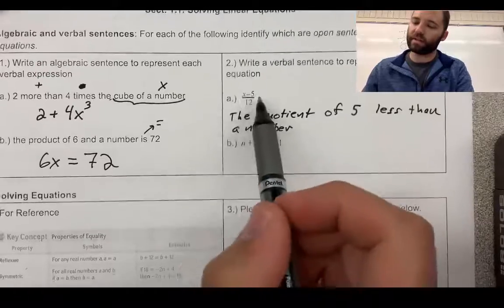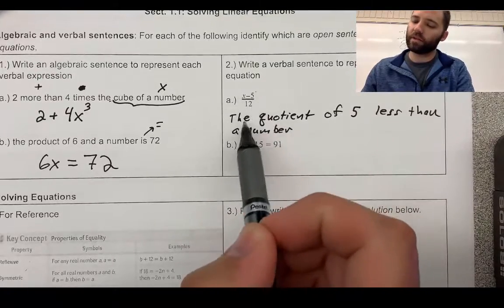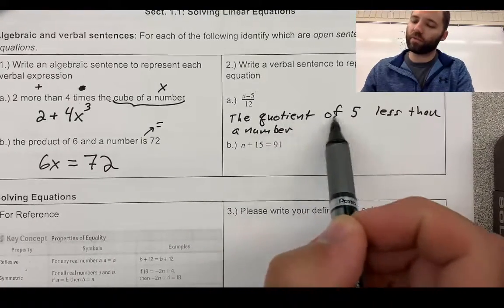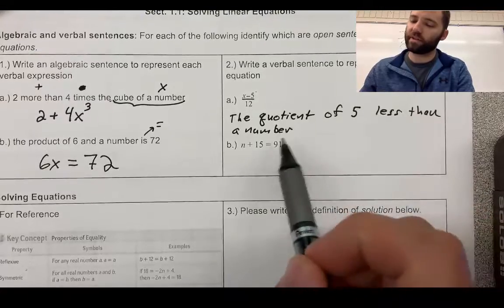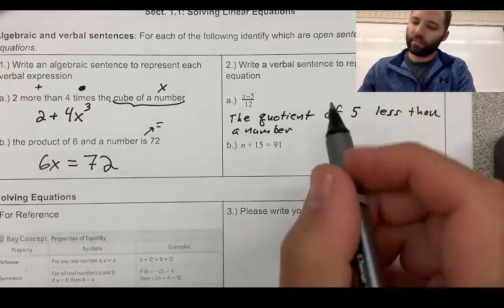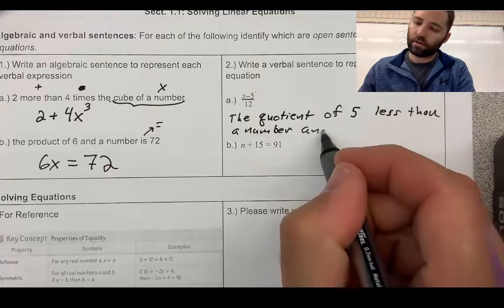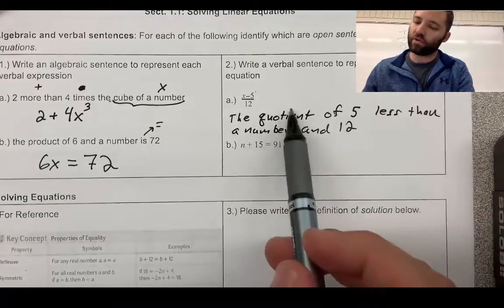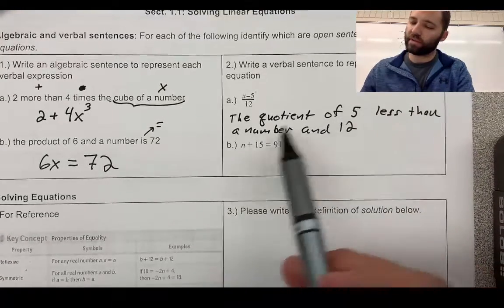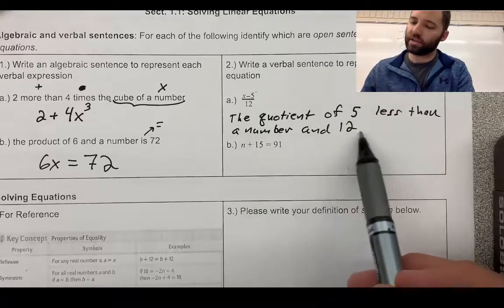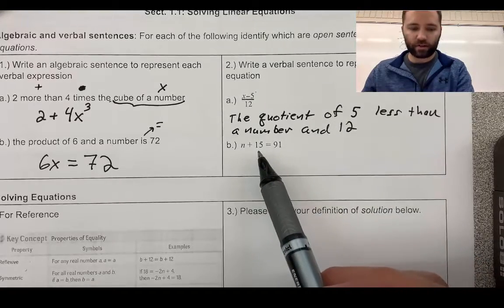Okay, so that's that piece on top. So I'm saying I'm about to have a quotient. What is that quotient of? Well, 5 less than a number, that's x minus 5, and 12. All right, so I have a quotient of 2 things, 5 less than a number, that's x minus 5, and 12. All right, go ahead and try the next one on your own.